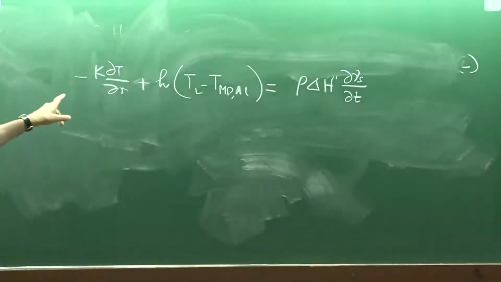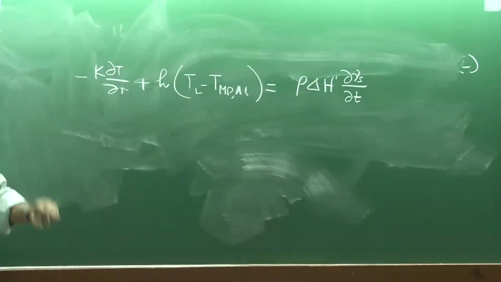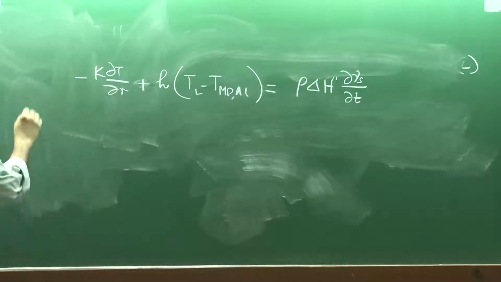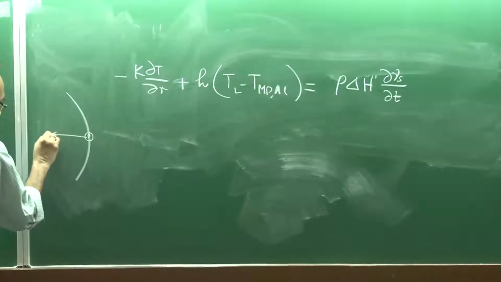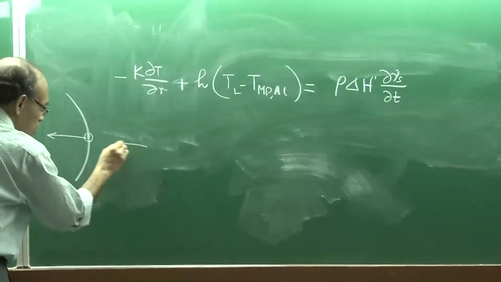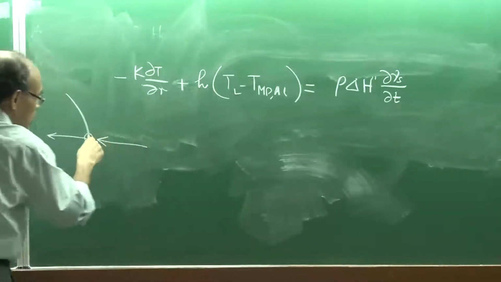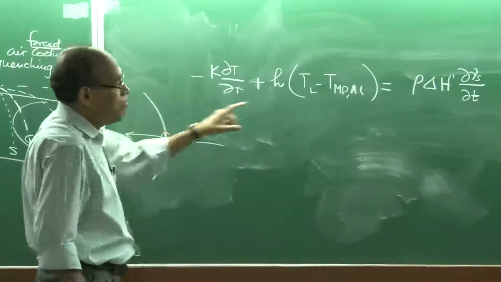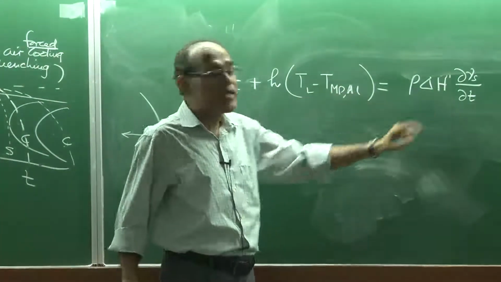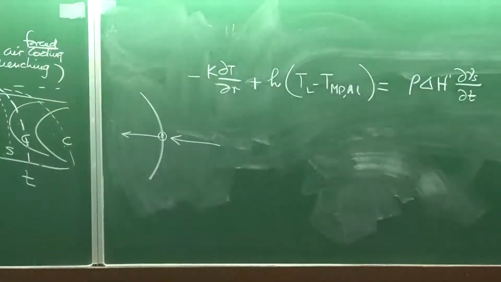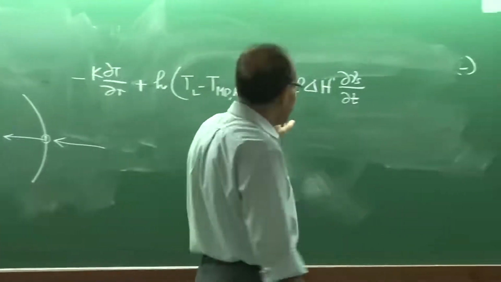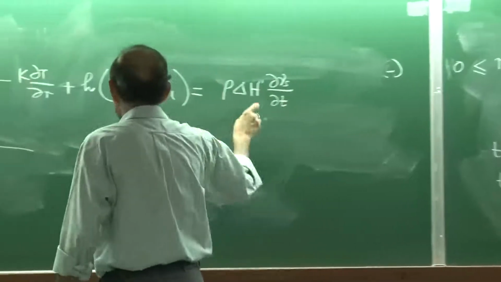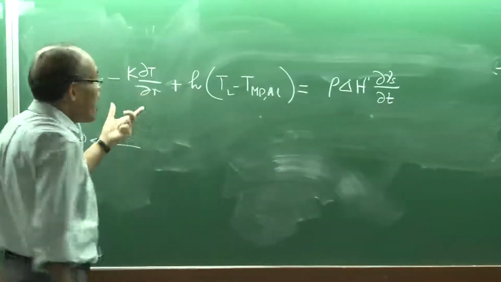This essentially tells us this is an additional heat balance equation at the surface. So, at the surface, the heat going through conduction and the heat coming by convection, the two together must balance the latent heat which is evolved in the whole process. So, this is a local heat balance equation.